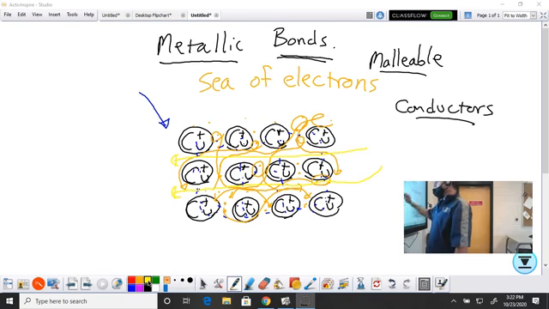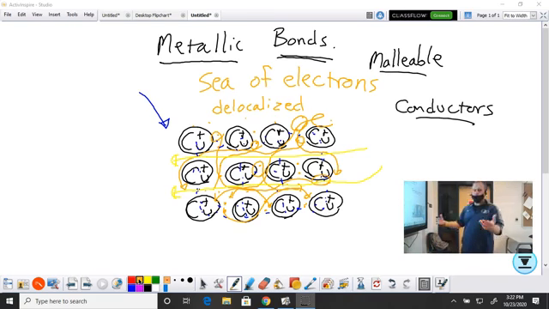So you have this sea of electrons, delocalized electrons. They're called delocalized electrons. So that's what makes them great conductors, and it's what also makes them malleable, being able to bend and not break. And these are metallic bonds.